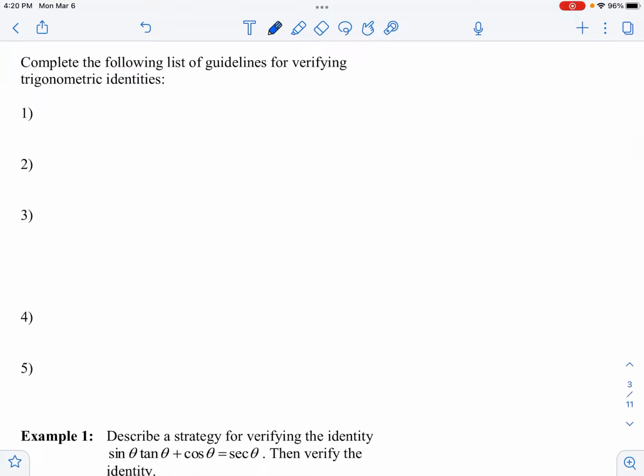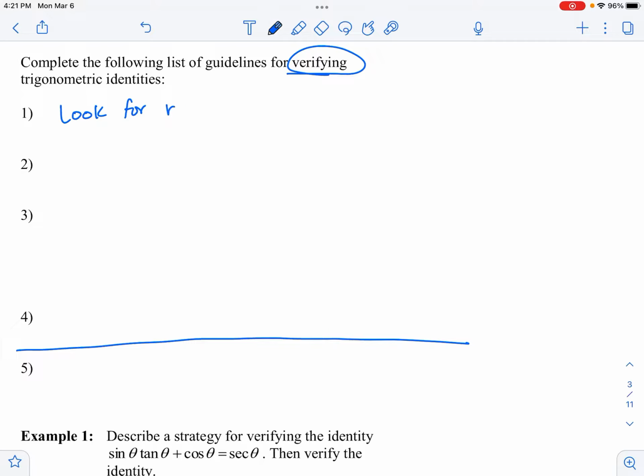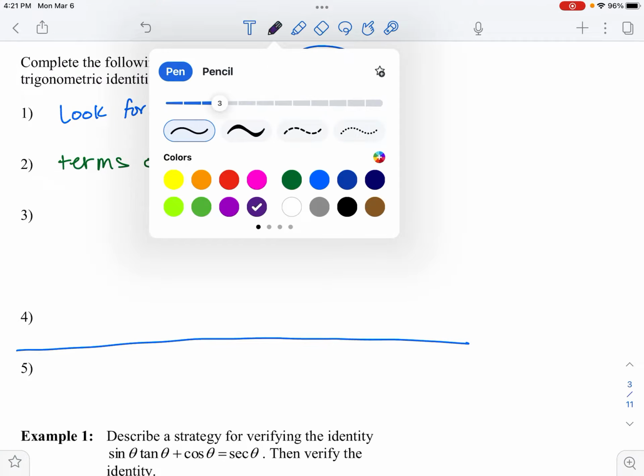So the list of guidelines for verifying is really similar to our same 4 methods that we were using today when we were talking about simplifying. We're still going to look for reciprocal identities. We're still going to put things in terms of sine or cosine as a strategy.